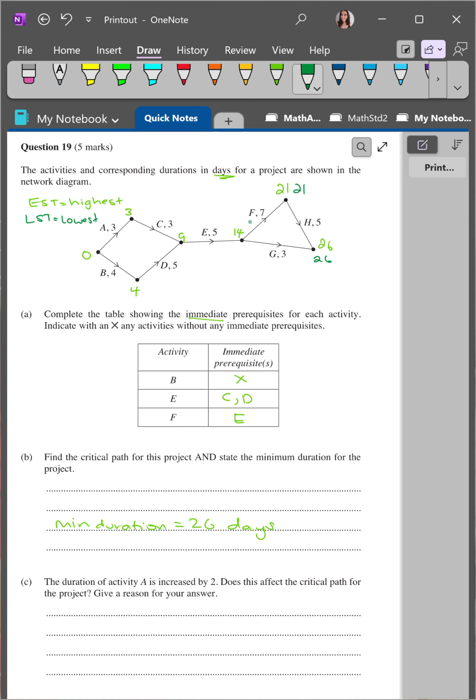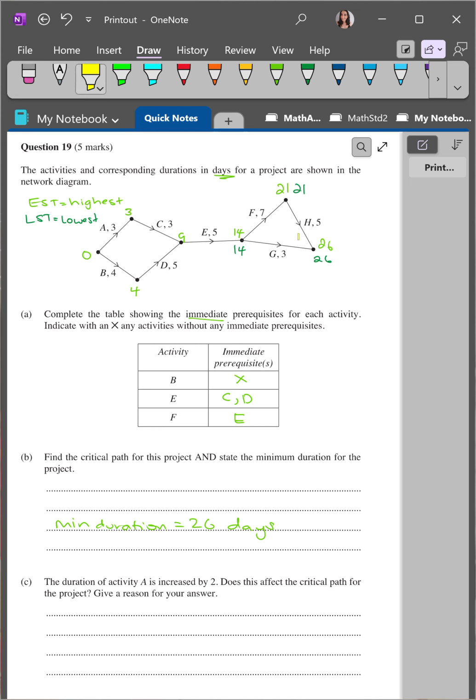And if we go back down F, we subtract 7 and this would equal 14. Now, if we were to go back through G instead, 26 minus 3 would be 23. And therefore this option would be 23. But for LST we go for the lowest, so it's 14.